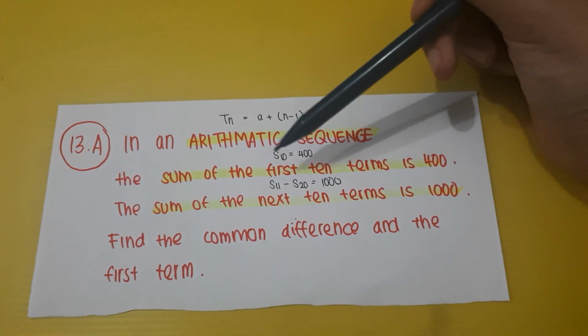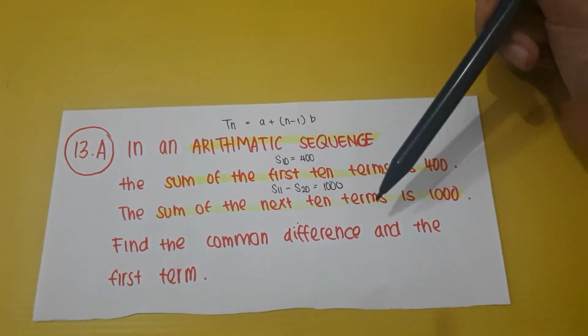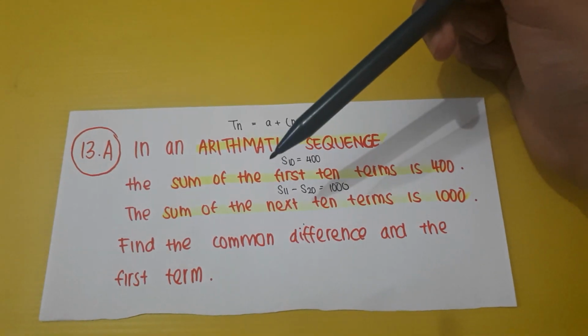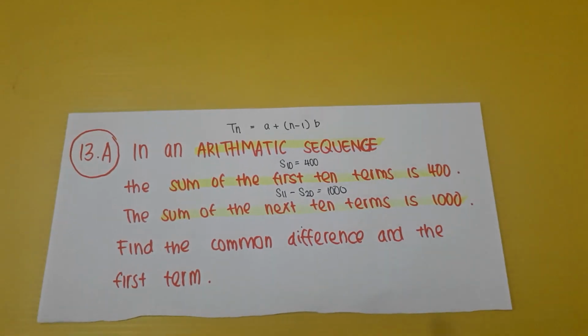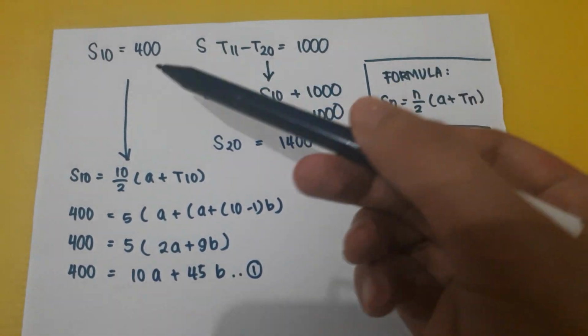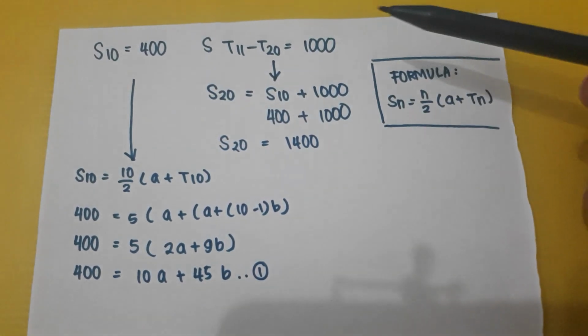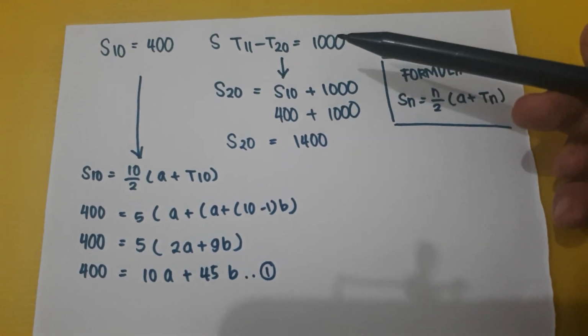Next, the sum of the first 10 terms is equal to 400, and the sum of the next 10 terms is equal to 1000. So we can see that the sum from term 11 until the 20th term is equal to 1000. We can rewrite that the sum of the first 10 terms is equal to 400 and the sum from term 11 until term 20 is equal to 1000.